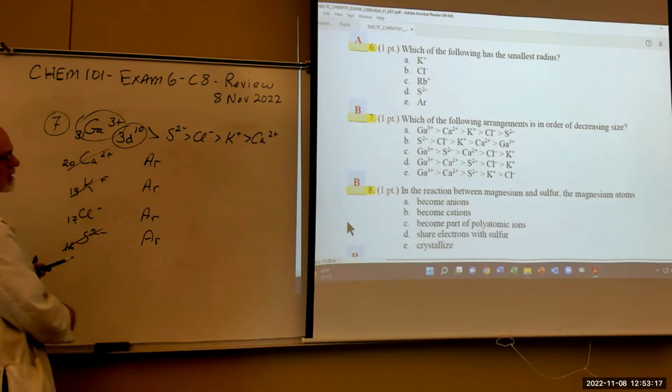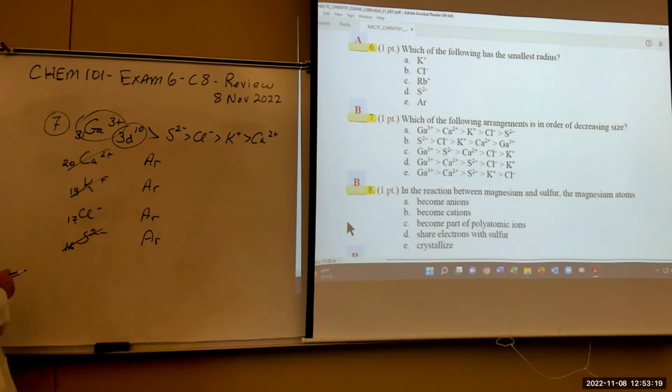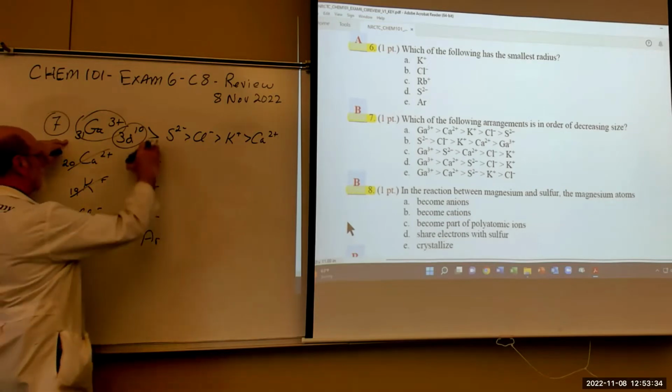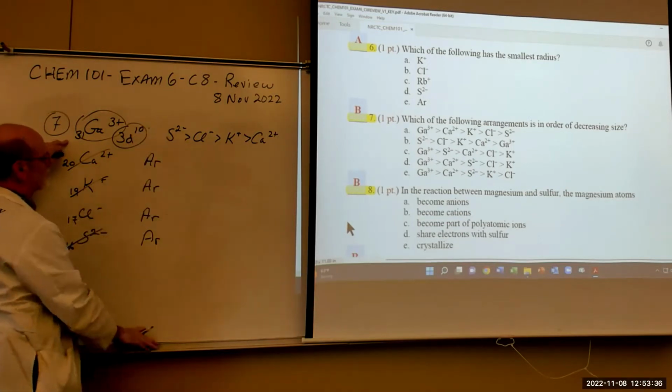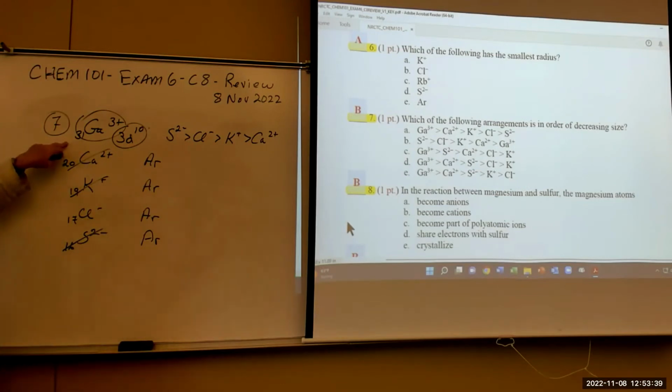Oops. No, I'm sorry. I went the wrong direction, didn't I? Hold on a second. Saying gallium is the smallest one. Why does not the 3D?